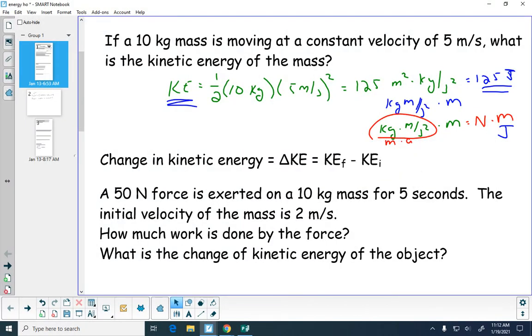A change in kinetic energy is your final kinetic energy minus your initial kinetic energy. This is your change in kinetic energy.